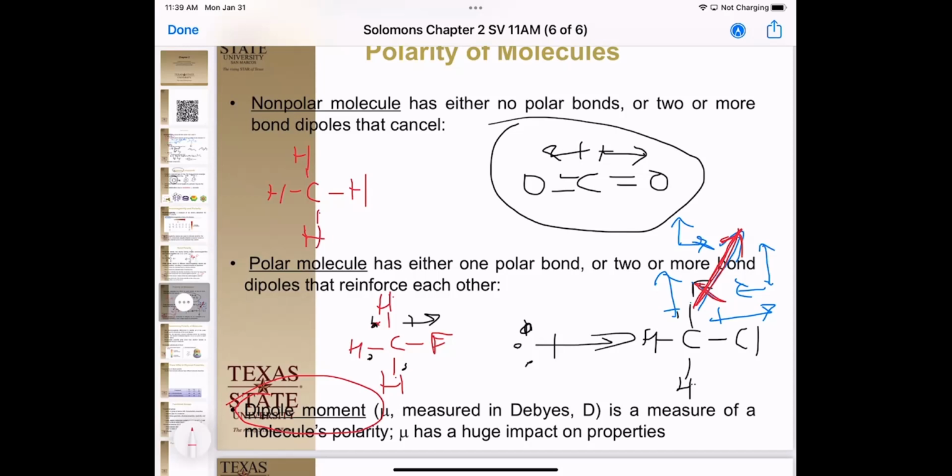All right, so we have polar and nonpolar bonds, and we have polar and nonpolar compounds, or molecules. So you just make sure you have polar bonds. If you do, then you have to figure out, do they add together or cancel each other out? That tells you whether your molecule has polarity or not. All right, questions on that again?